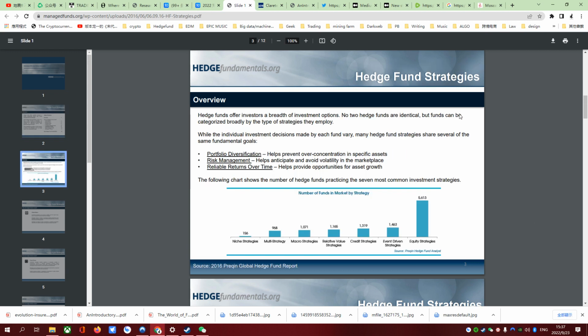And then there are different numbers of funds in the market. They all look at different variables, and as you can see, equity strategies is the mainstream. According to the data in 2016, you have around 6,000 equity strategies. And then you have only 156 niche strategies, 968 multi-strategy, 1,000 macro strategies, relative value strategy nearly 1,200.